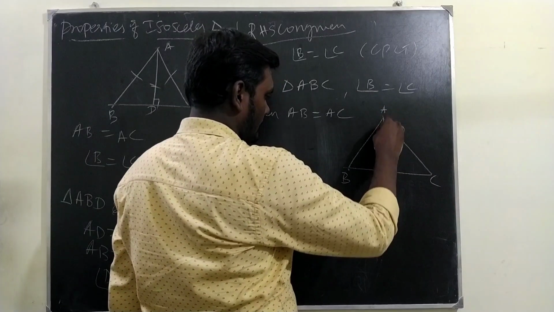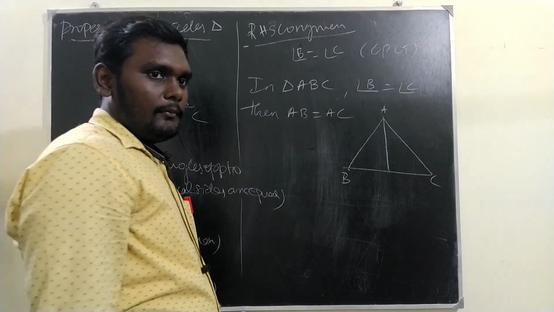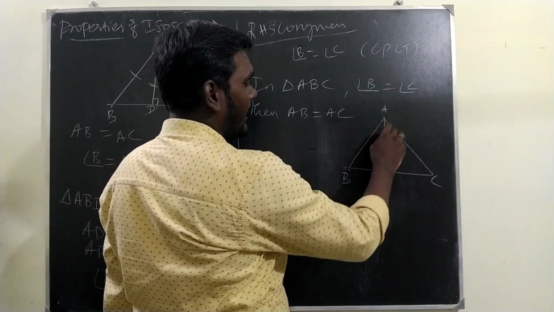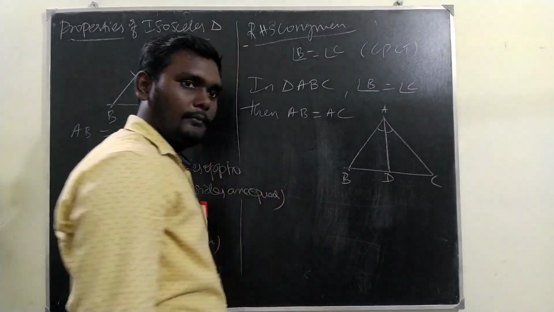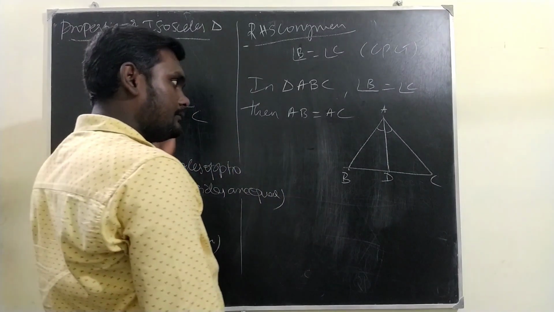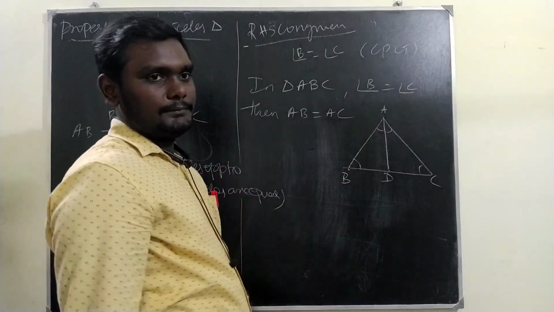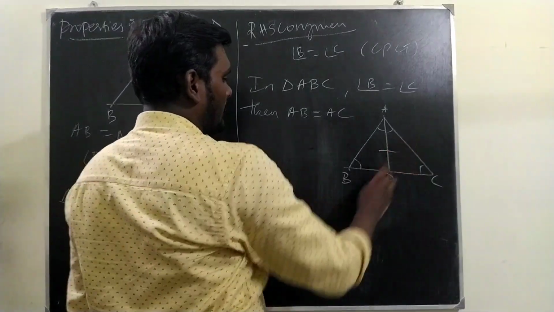See, let me draw the angle bisector. When you draw the angle bisector for this A, these two pieces are equal, right? And then we have angle B is equal to angle C already. AD is common.